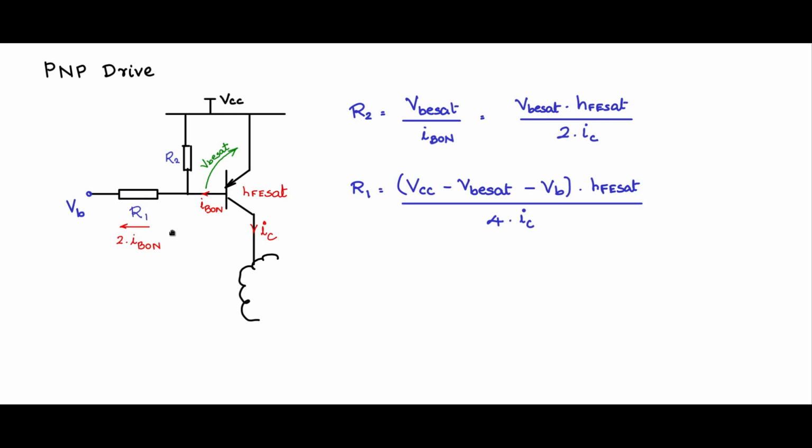So this is exactly the dual of the NPN drive, and in many cases, many complex drives are built from these two drives. NPN, PNP, they complement each other, and many stages can be achieved by this NPN, PNP combination. We will of course have a look at these complementary drives later.